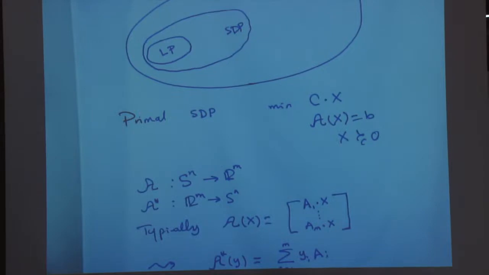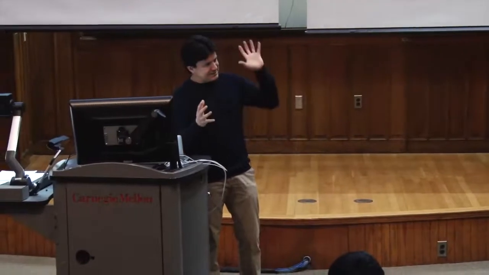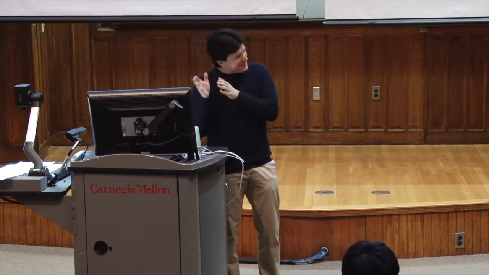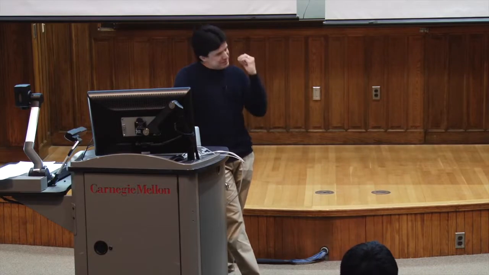Now, let's try to go back to what we did on Monday. Okay? We spoke about the primal LP problem and the dual LP. And then the very next thing that we did was discuss some neat duality relationship between these two problems. So that's exactly what we are going to do now. So we have weak duality, just as we did for linear programming.